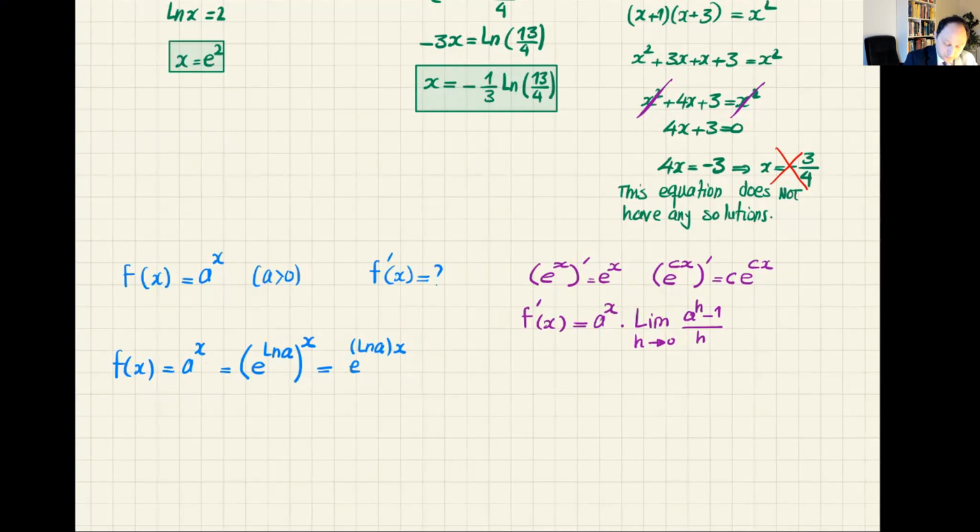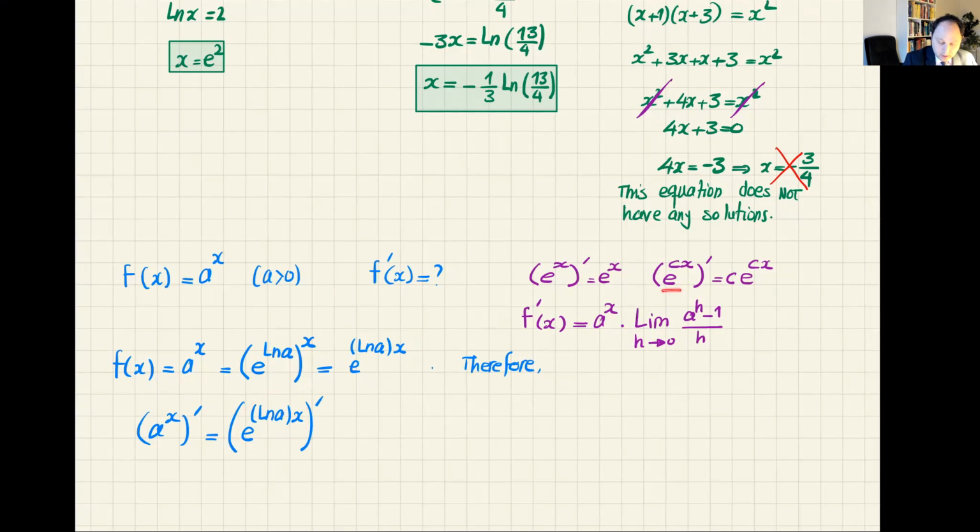So therefore, the derivative of a to power x that I am looking for is equal to the derivative of this function. Yes, but we already know how to differentiate this function.